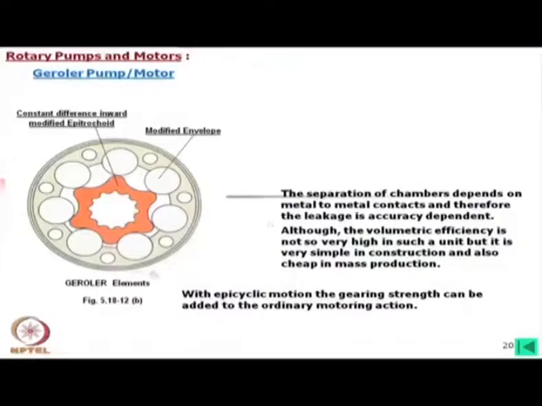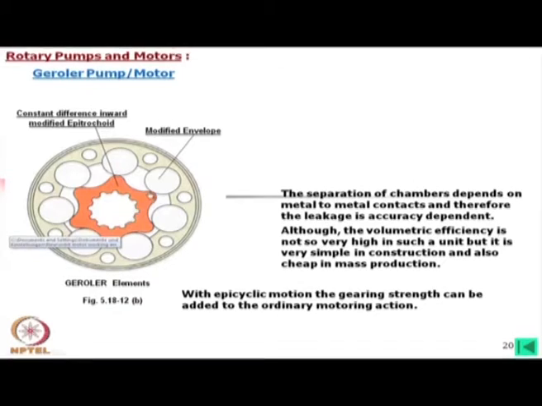In the case of a pump, there is no meaning in supplying high torque at low speed for pumping. We will try to transmit very low torque at high speed, because the engines are usually like that. So, this is used as a motor with epicyclic motions.